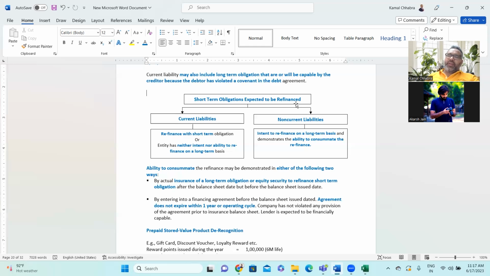So you got a 5-year loan approval at 4% for $100,000. You'll be transferring that working capital loan to the long-term loan. Here you have intent and ability to consummate the refinance on a long-term basis. In that scenario, the liability needs to be classified as long-term liability, not short-term liability.